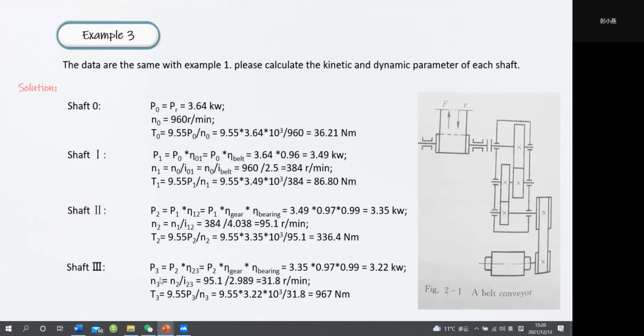And N3 is N2 divided by the speed ratio I2 or I23, and the speed ratio I2 is 2.989. So we calculate N3 and then we calculate the input torque of shaft 3.